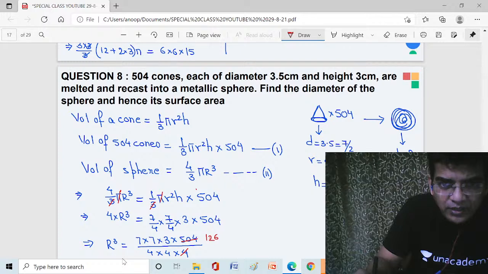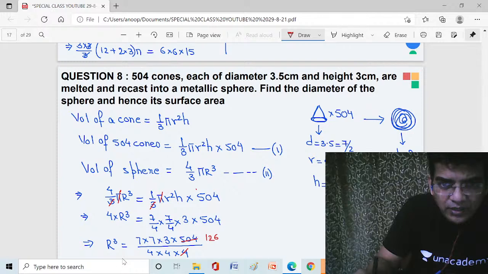That can be written as 3 square into 7. And in the denominator place, 4 can be written as 2 square into 2. So r cube is equal to, this will give you 7 cube and 3 cube upon 2 cube.